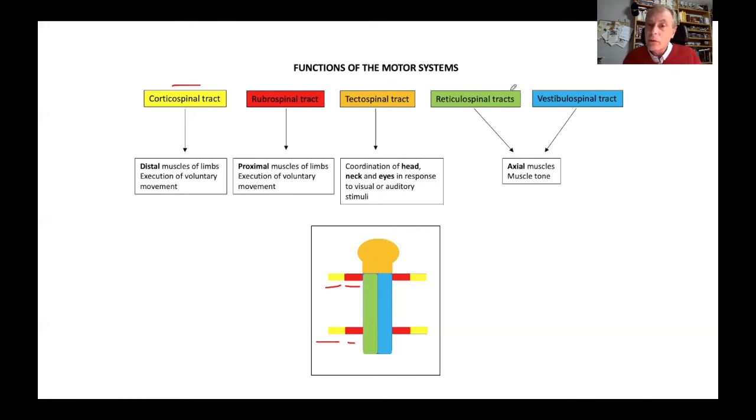The reticulospinal tracts and vestibulospinal tracts, okay? These are very medially located, and they are involved in keeping the muscle tone of axial muscles and also limb muscles. But they are very important in keeping the tone of the axial muscles. They are not involved in any voluntary movement.